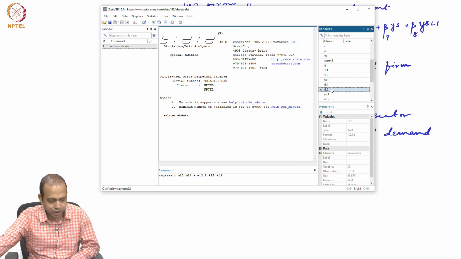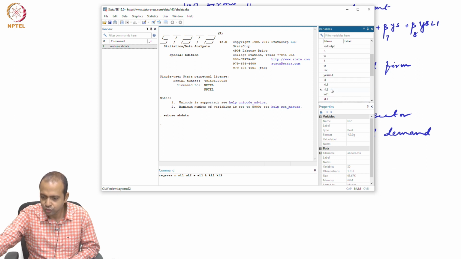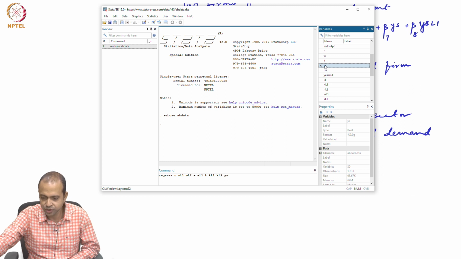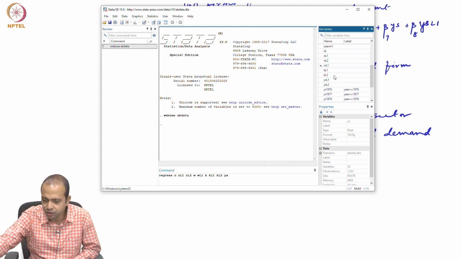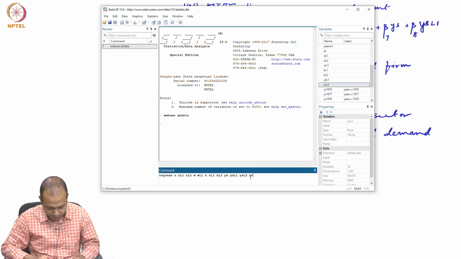Then I will take YS, that means industrial output. This is my industrial output, and then first lag of output, second lag of output, and then I will put the year dummy.